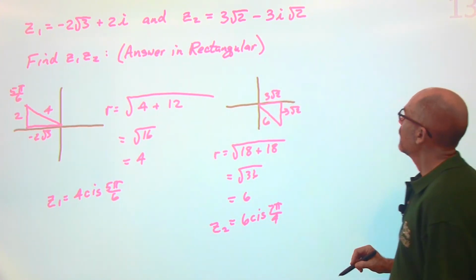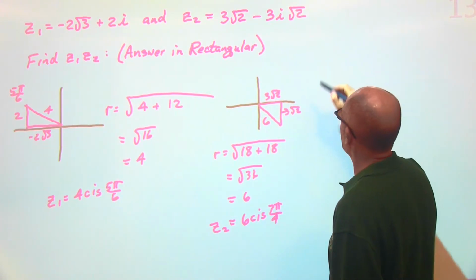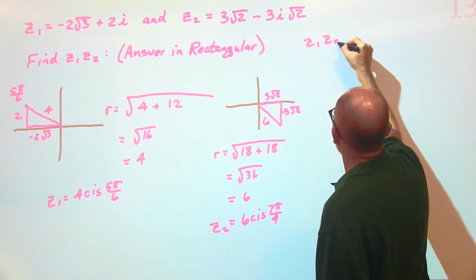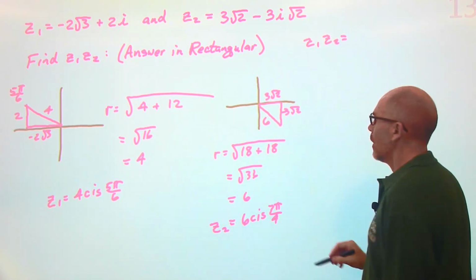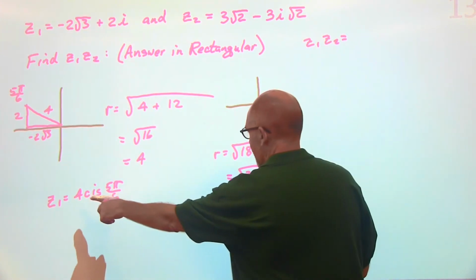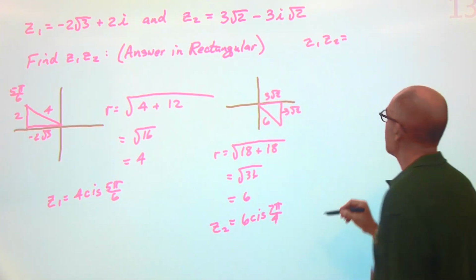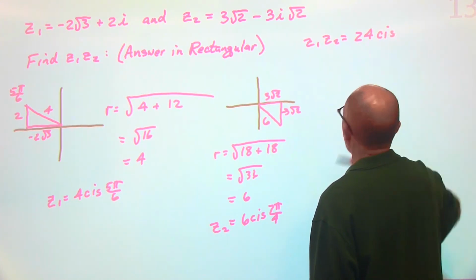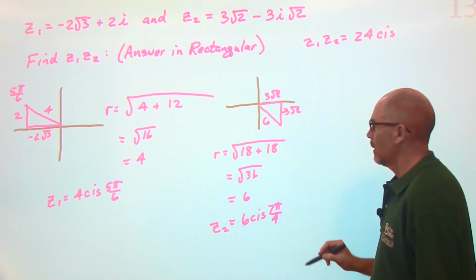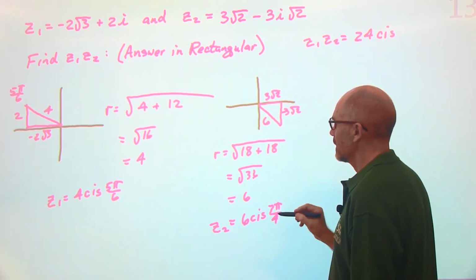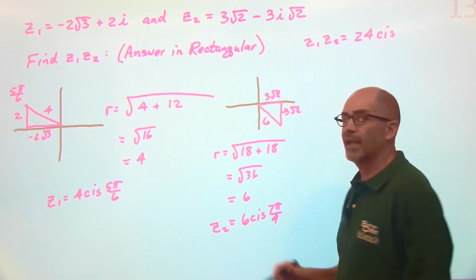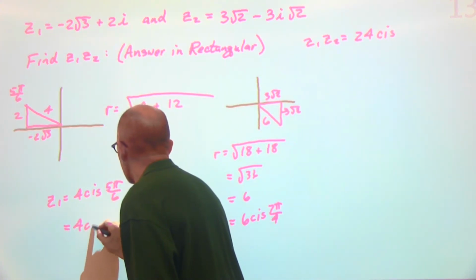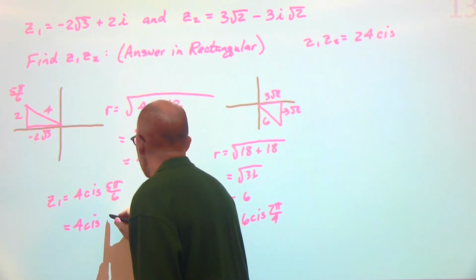Now, z1 times z2 equals, well, we multiply the two radii, 4 times 6, which is 24, cis, add the two angles. Well, 5 pi over 6 and 7 pi over 4, we need common denominators. So we're going to make this 24ths.